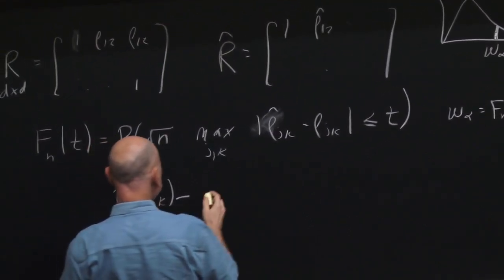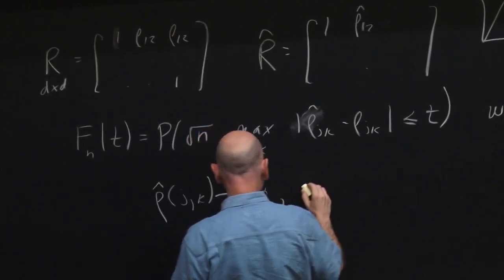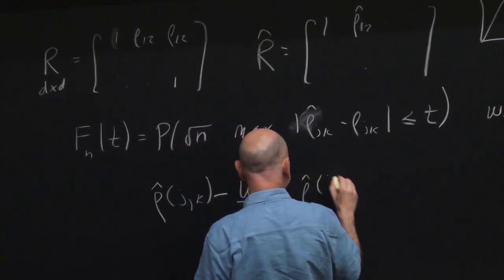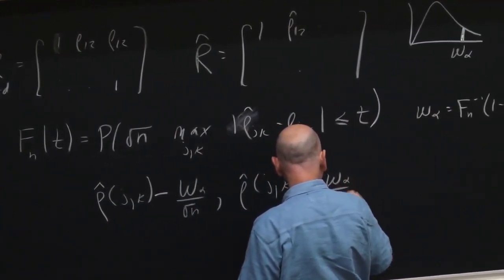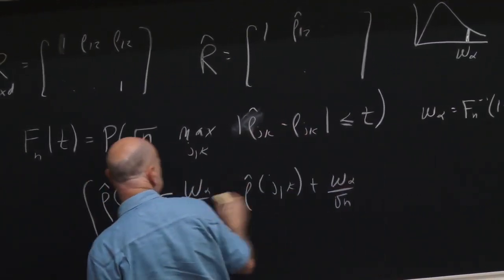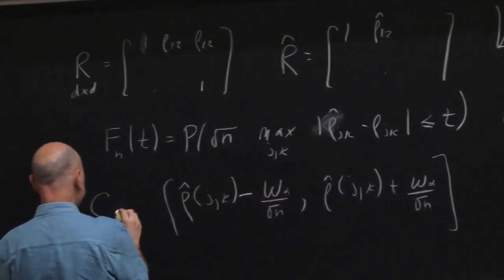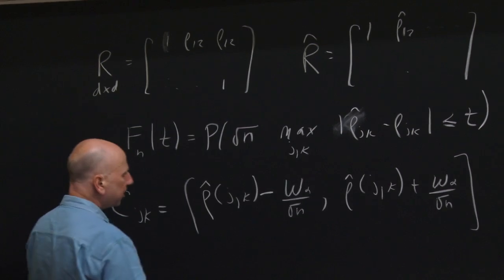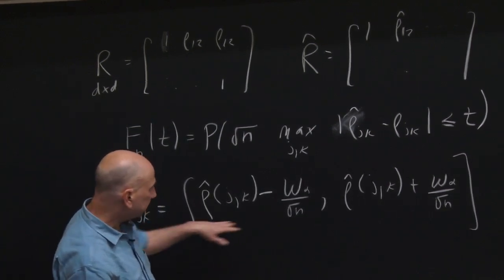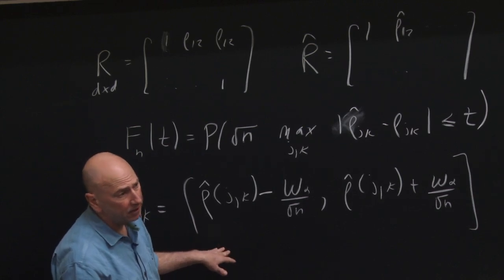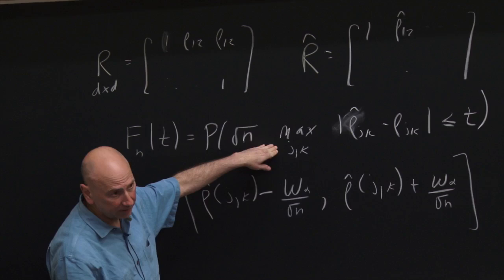So I can take rho hat minus W alpha over root n, and that is an asymptotic, let's call this C_jk, an asymptotic 1 minus alpha confidence interval for the jkth thing. But because it's with respect to the max, it's simultaneously for all pairs.